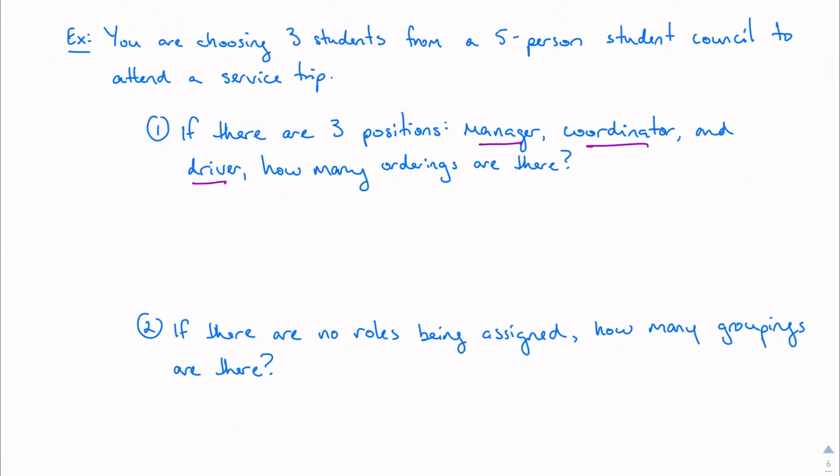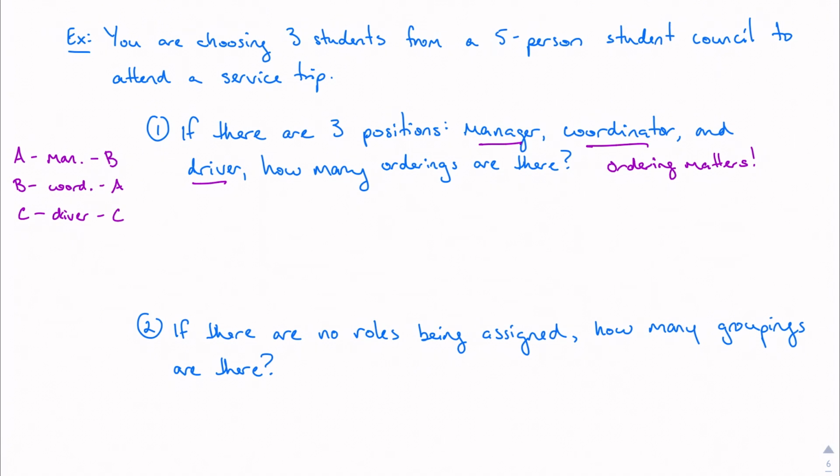Well, in this case, the ordering matters. Right, the ordering matters because if I put a group where A is the manager and B is the coordinator and C is the driver, well, that's a different group than if I gave B the manager position and A the coordinator position and gave C the driver position, right?